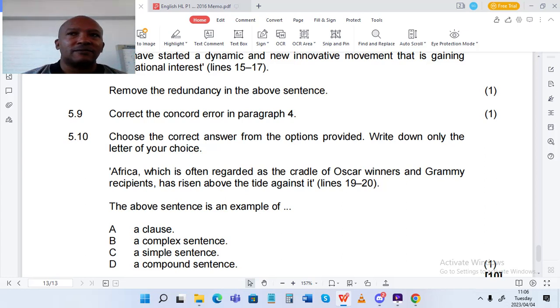Then simple sentence. I must know what is a complex sentence, and I must know what is a compound sentence. Number 1, a phrase is a group of words without a verb. Phrase: group of words without a verb.